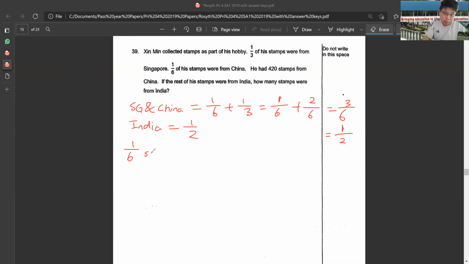How many units is 203? 7 units. So what must I do? 1 unit equals 203 divided by 7. 7 times 2 equals 14.